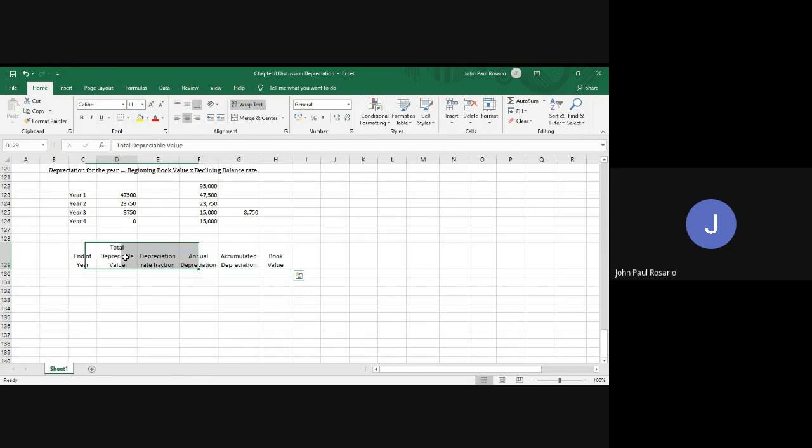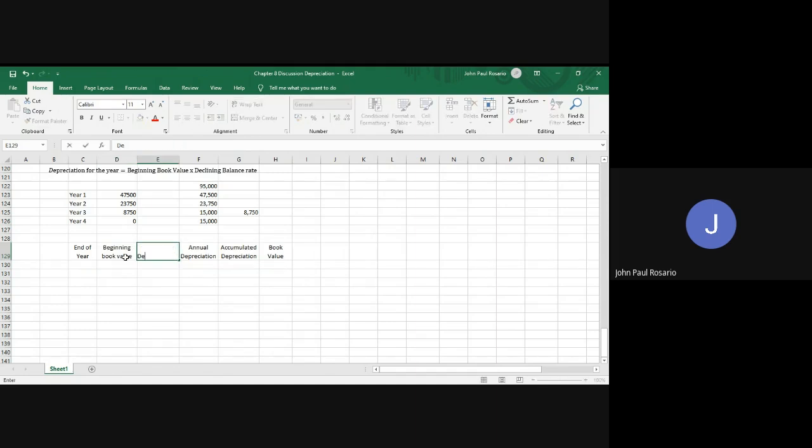So end of the year, the second is beginning book value, and then the next one is depreciation rate. And then we have our depreciation for the year or annual depreciation, accumulated depreciation, and ending book value.